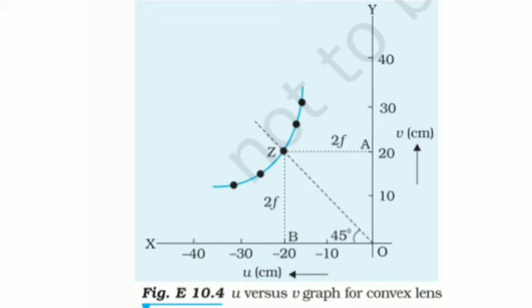That corresponds to 2f distance, that means double the focal length. So, in order to get the focal length, we can use the equation: from the graph, focal length f is equal to OA plus OB by 4, where OA and OB are the coordinates at the point where u equals v.